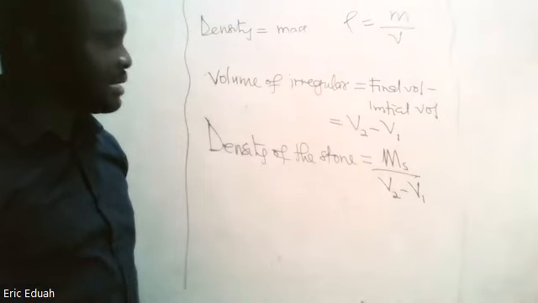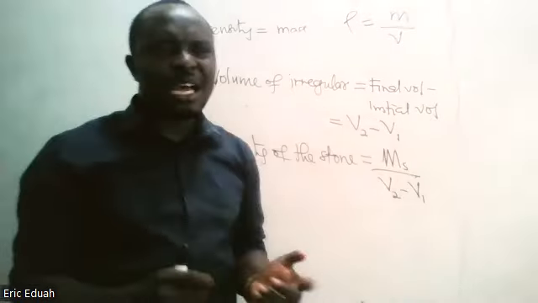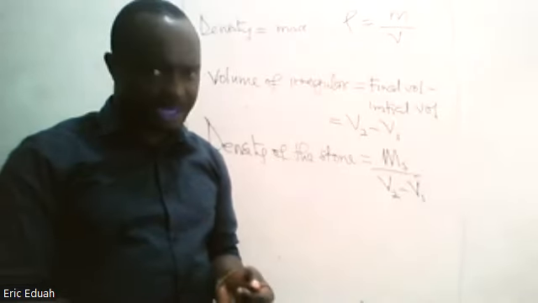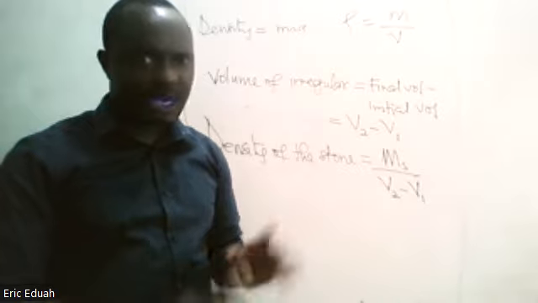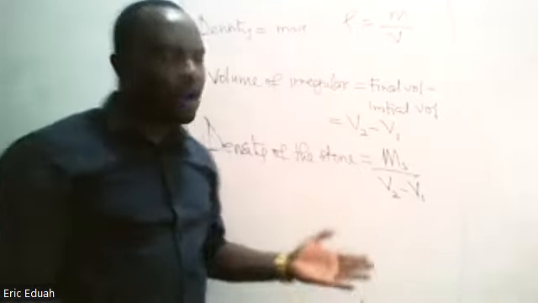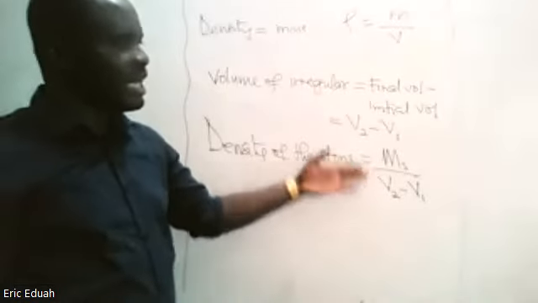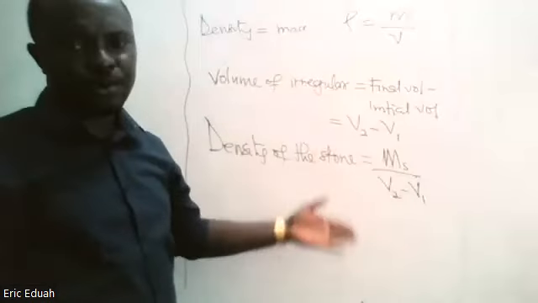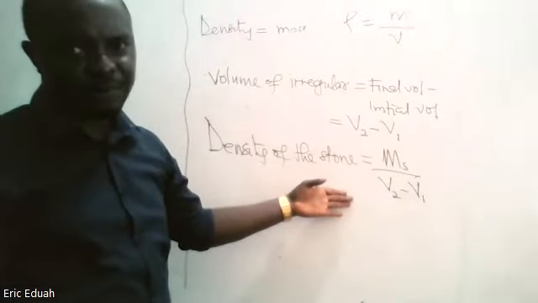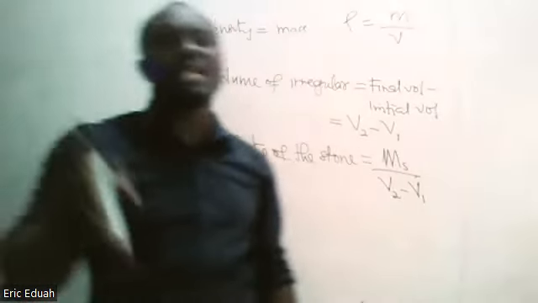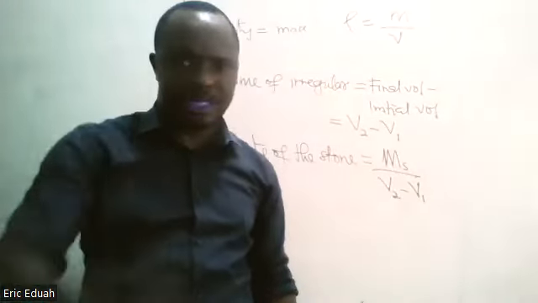But in this case, it is only applied to determining the density of liquids. We can only use that to determine the density of a liquid. As for solids, if it's a regular object, it is what we discussed. If it's an irregular object, that is what we've done. Then, how can we determine the density of a liquid?